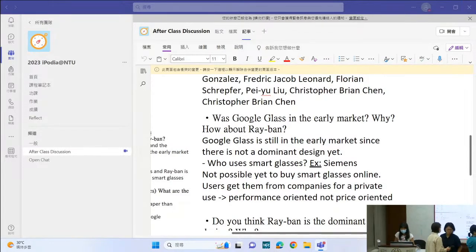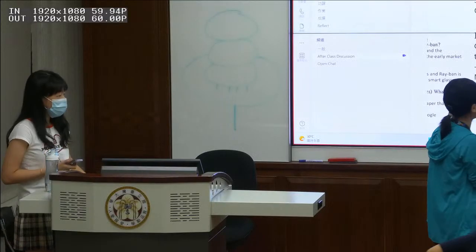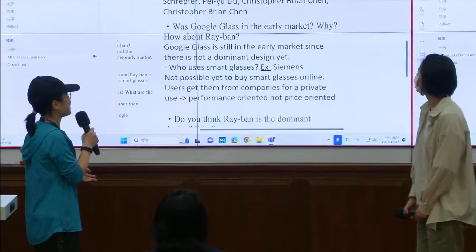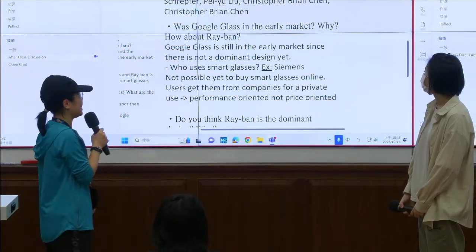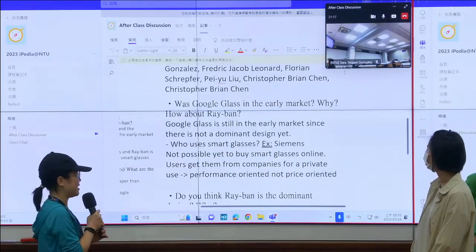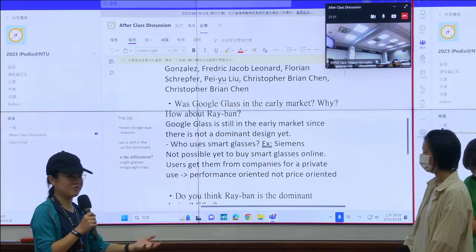Okay. So maybe I can do the first question. Hi. We are Group A, and for the first question, we all agree that Google Glass is still in the early market, since the usage is still quite limited to a certain group of people.